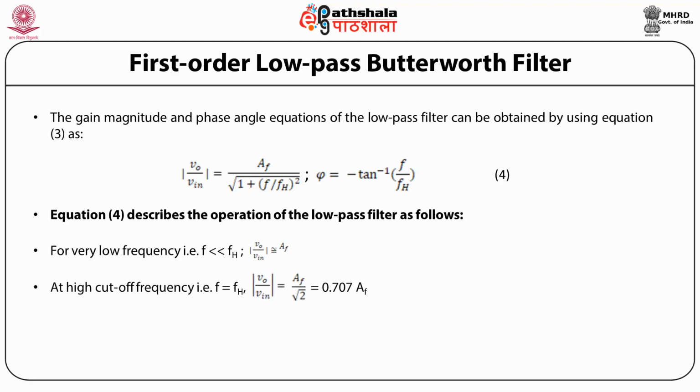Second, at the high cutoff frequency, that is f equal to fH, |V0/Vin| becomes equal to AF / sqrt(2), which equals 0.707 × AF. Third, for frequency greater than the high cutoff frequency, that is f much greater than fH, |V0/Vin| turns out to be less than AF, which is the flat pass band gain.